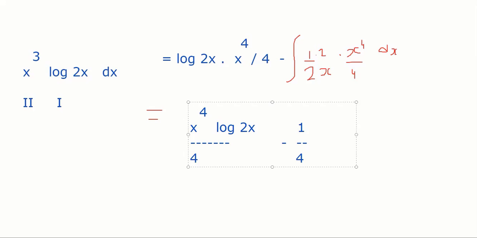Integration of that will be x to the power 4 by 4 again. So this becomes 16, that's it, plus c. It was easy till now.